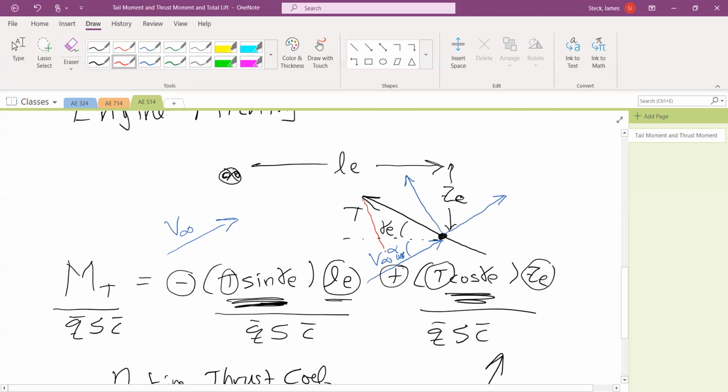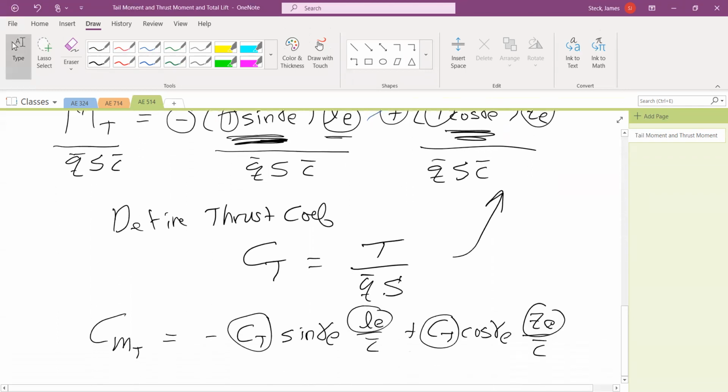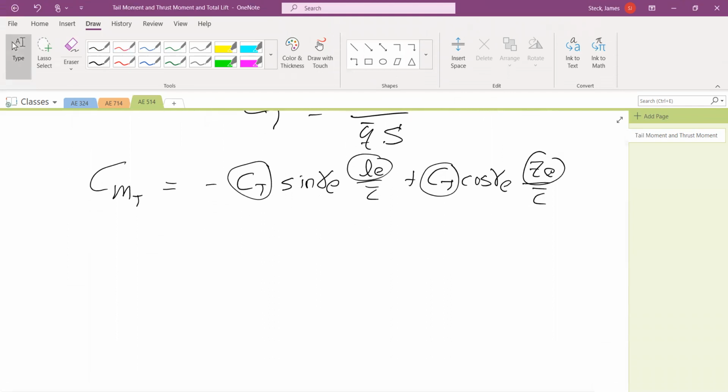So we're going to have a lift component here and a drag component that direction, are going to be sine and cosine of gamma_E plus alpha, because that's the total angle. So T sine of that is going to be this vertical component. T cosine of that is going to be the horizontal component. So that gives us the lift and drag contributions of the thrust.